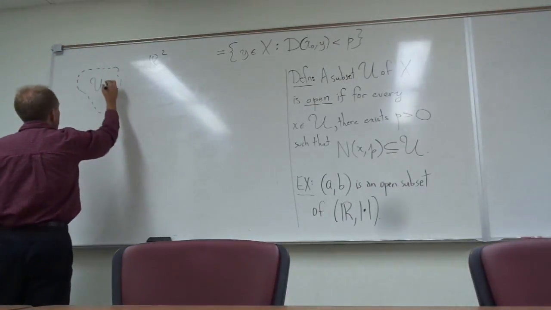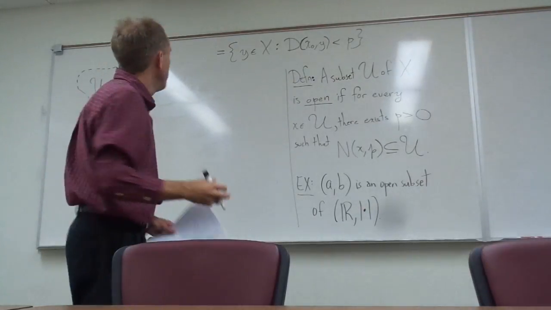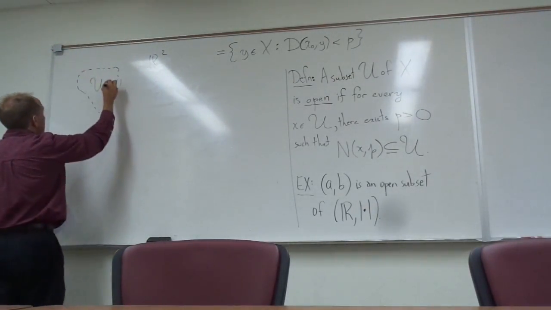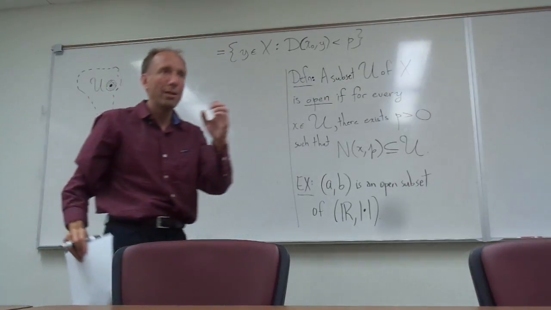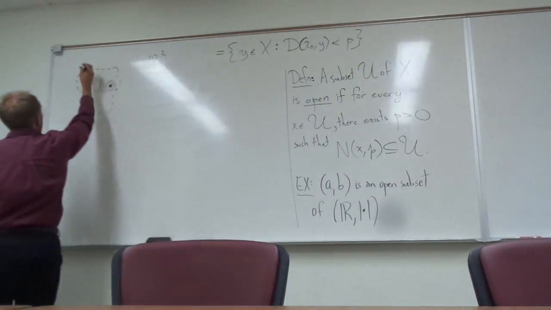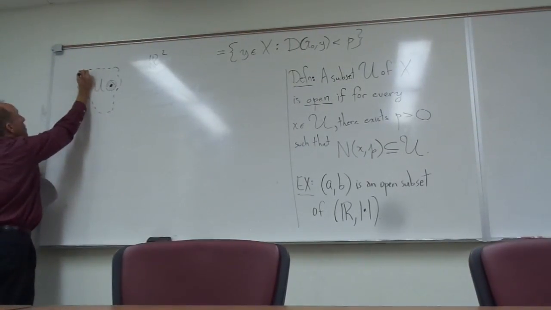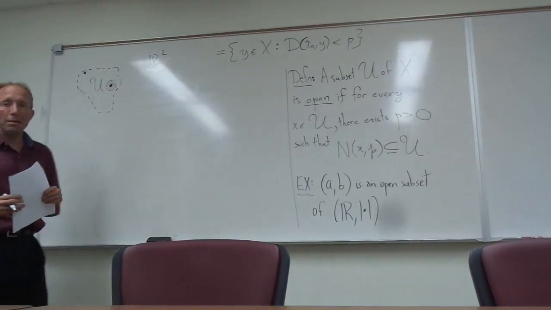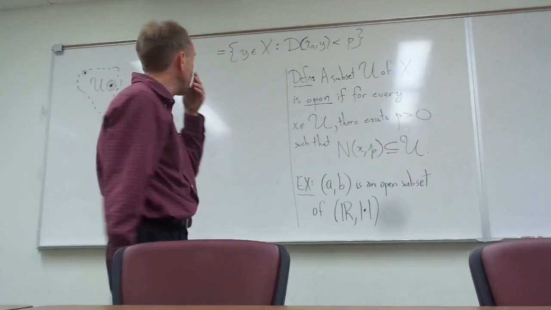The idea being that if you pick any point on the inside there, and let's say you use the Pythagorean metric, well, what you can do is choose a radius around this point that keeps the whole disk, that open disk neighborhood we talked about, inside of U. And even if you pick a point that is very, very close to the edge, you'll still be able to put a little tiny neighborhood around that point that stays completely within the set.